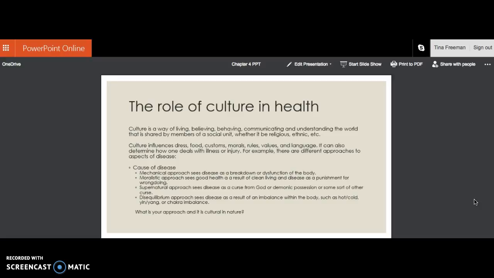So disequilibrium is that lack of balance, such as hot, cold, yin, yang, or chakras. So think about your own particular culture and how that forms your approach to the cause of disease. That's your food for thought for this particular chapter.